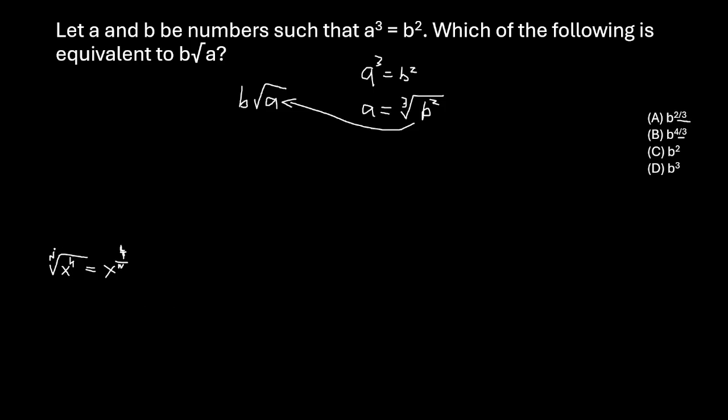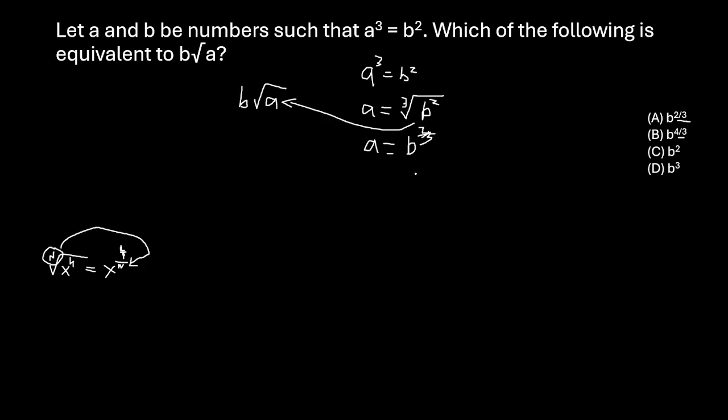So if we have a number in the radical sign, a square root, third root, fourth root, anything, you can just write that in the denominator here. So we see that a would be equal to b to the second power over 3.